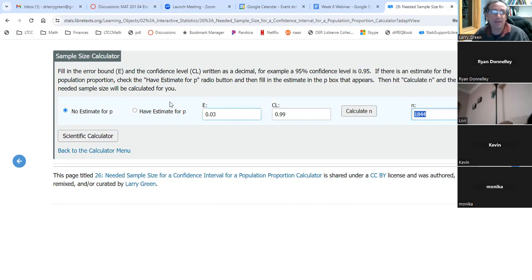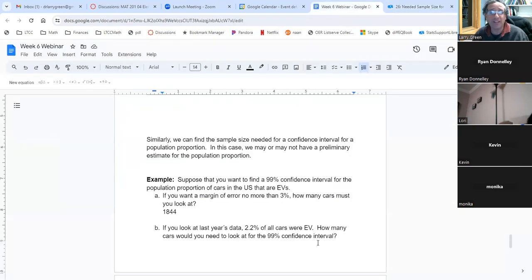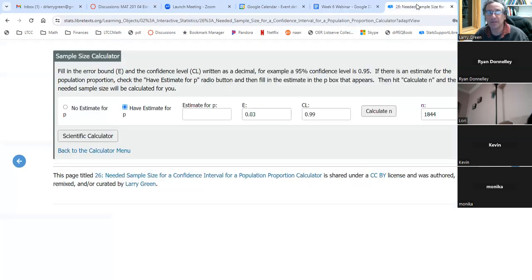All right. So now we have an estimate for P. So I click have an estimate for P. Notice now it gives us an extra box, estimate for P. What's our estimate for P? Yeah, 2.2%. If you move the decimal over 2 places, 0.022.